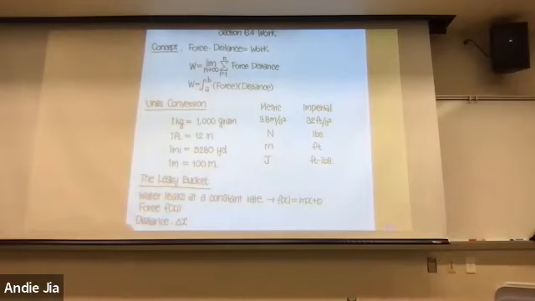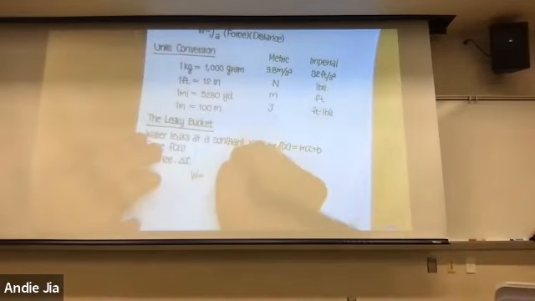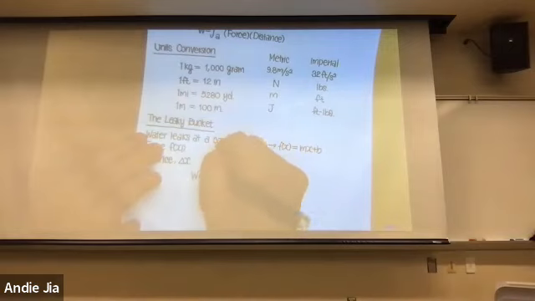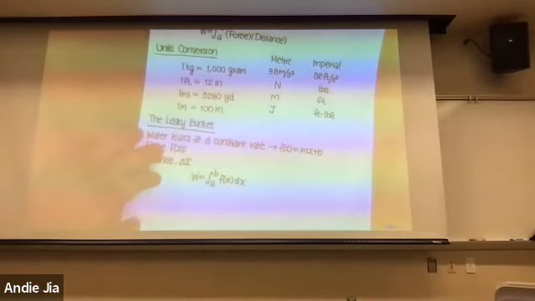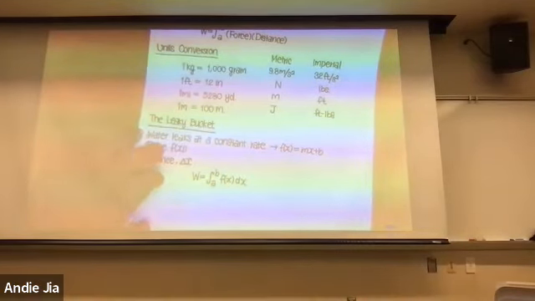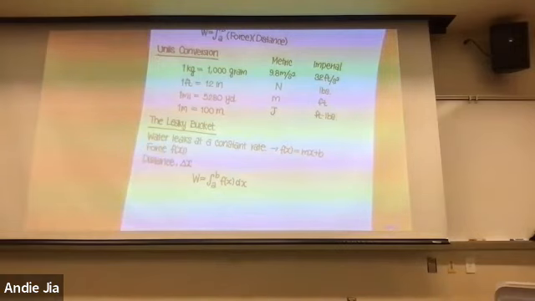And the work done is the definite integral from a to b of f of x dx. So the tip is, regardless of what kind of problem it is, just label all the conditions and draw a picture.